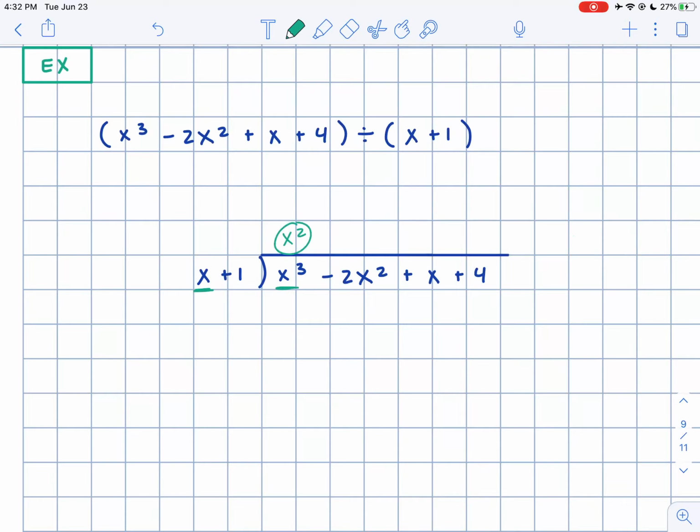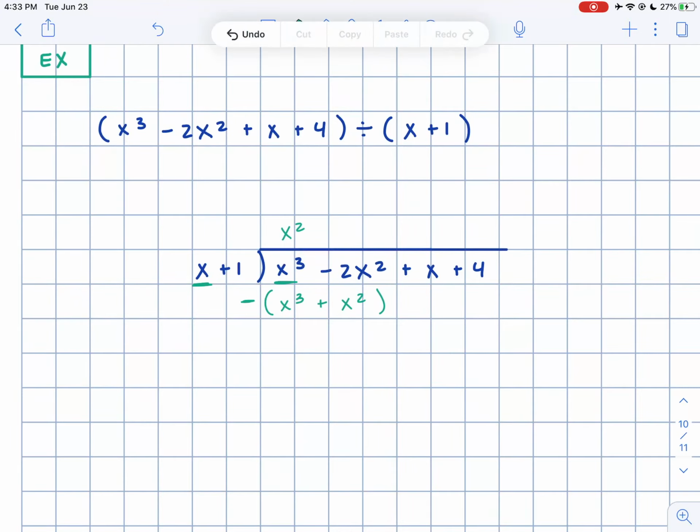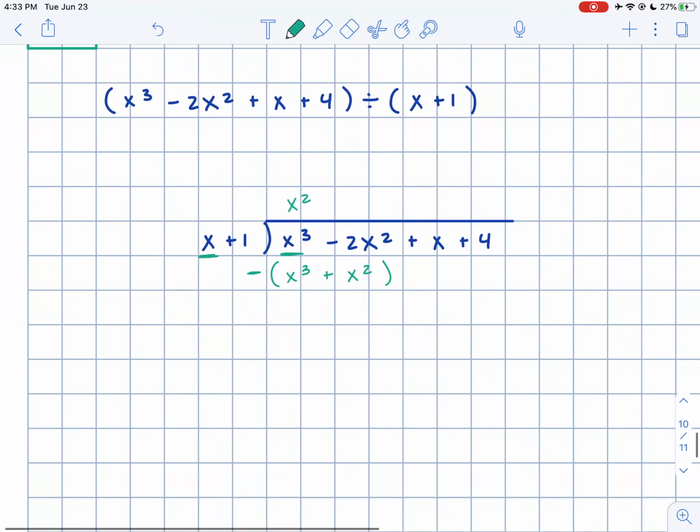Okay? And again, we have to distribute this into both terms. Okay? So x squared times x cubed, x squared times 1 plus x squared. And we have to subtract the entire thing. So now we subtract. So we get x cubed minus x cubed, 0.